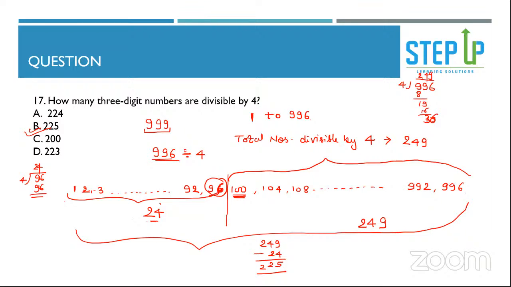It means that it will be 249 numbers overall. And the two-digit numbers divisible by 4, which are 24, I need to subtract from the total. So 249 minus 24, you will get 225.